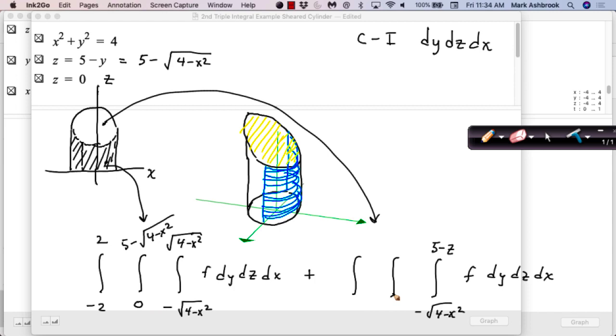Now over here, z goes from what to what? So now for this up here, the bottom is the same as the top on this one, right? So this is the 5 minus square root of, and then 5 plus.